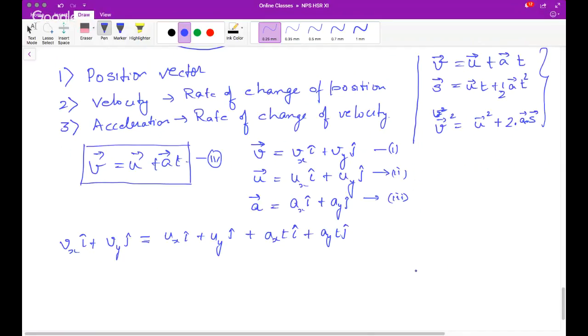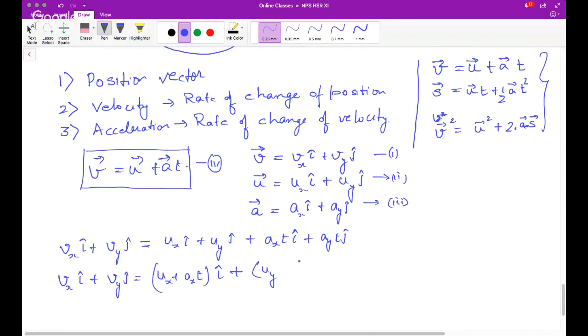Now the next step is to collate all x's and y's together. So I can say vx i plus vy j is equal to (ux plus ax t) i plus (uy plus ay t) j.